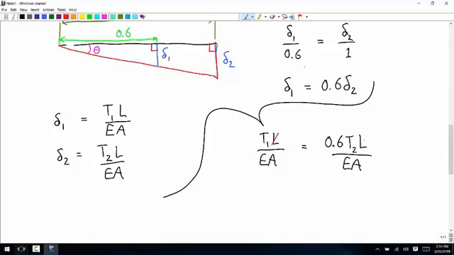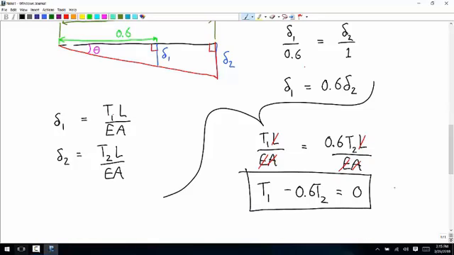We can cancel a bunch of this stuff. And we see that T1 minus 0.6 T2 is equal to 0. And that's equation 3 star. Any questions about that?